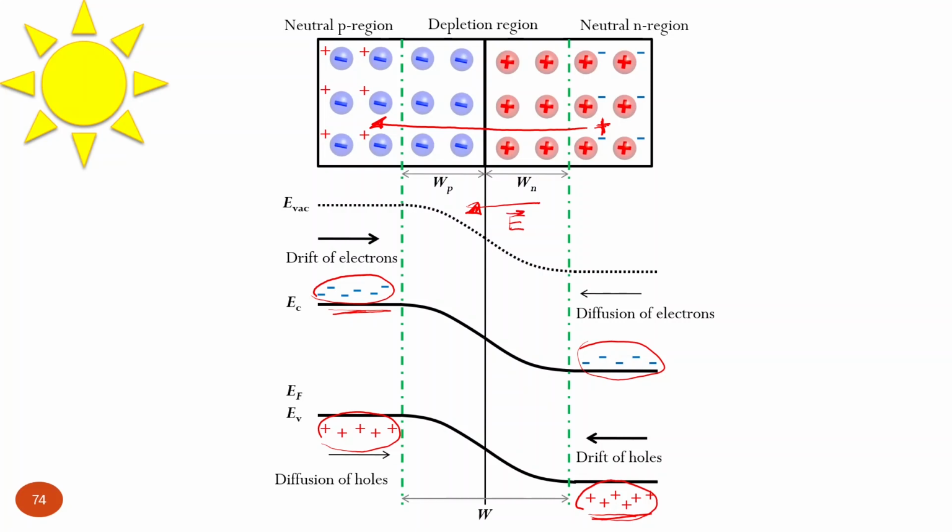And here we get some excessive majority charge carriers. It was minority in the N-type region, but now it's majority in the P-type region. We have plenty of these guys. They all drift, they move here, and they don't recombine here.